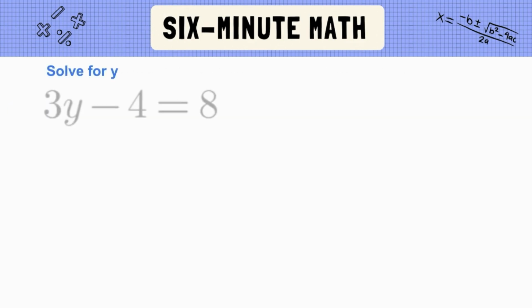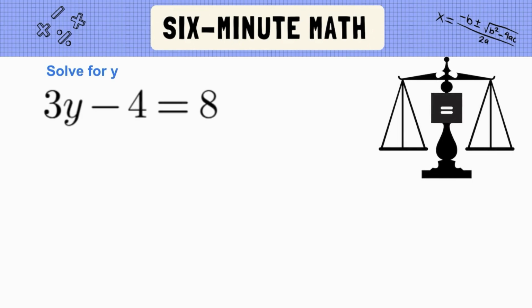We're going to solve for y in 3y minus 4 equals 8. We're going to get the term with the variable by itself first, which is 3y. We need to get rid of this negative 4. And how are we going to do that? We're going to use opposite operations. The opposite of negative 4 is positive 4.